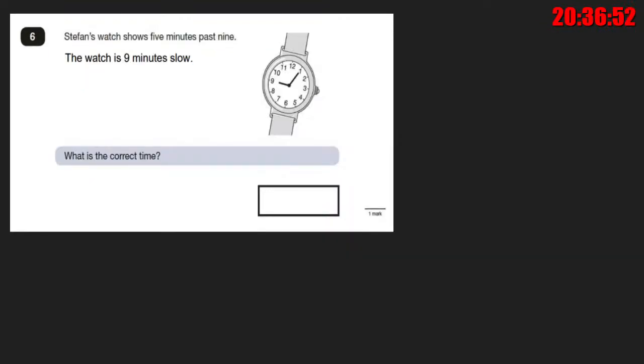Question number 6. Stefan's watch shows 5 minutes past 9, so the time is 9:05. They didn't say anything about evening or morning, so you don't need to worry about that. But the watch is 9 minutes slow, so the actual time should be 9 minutes later.